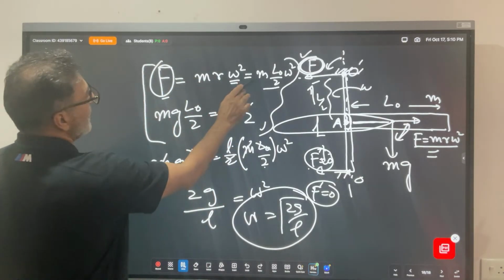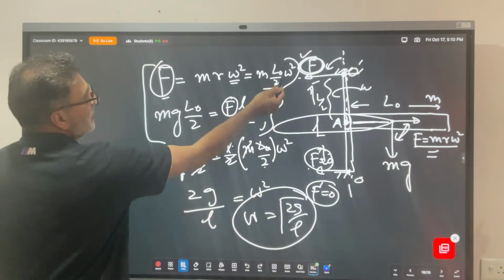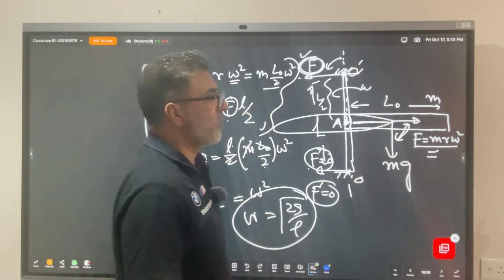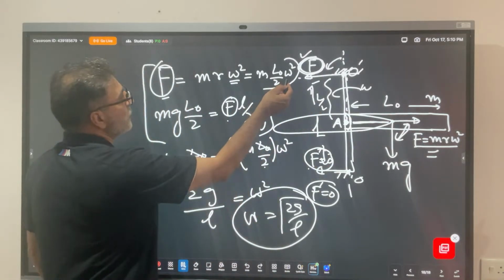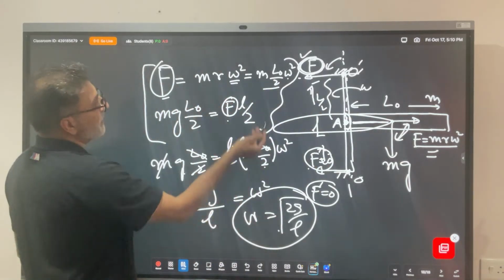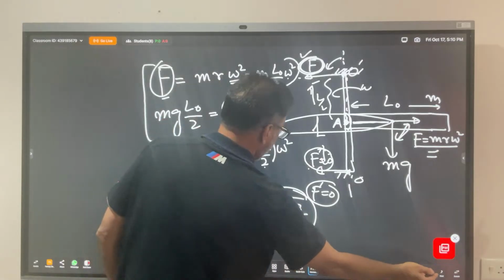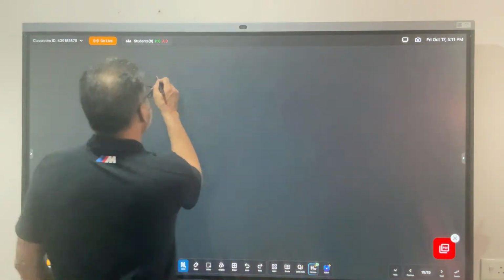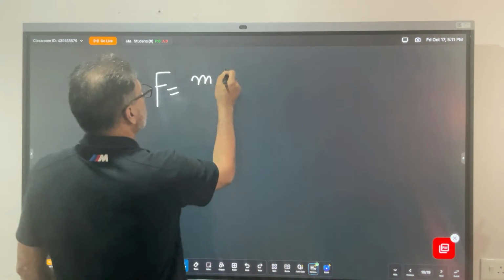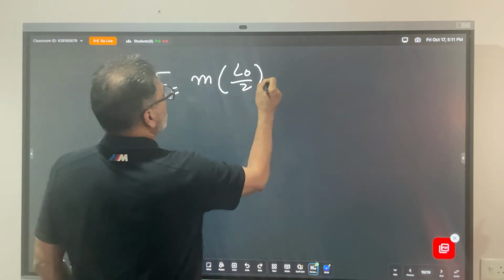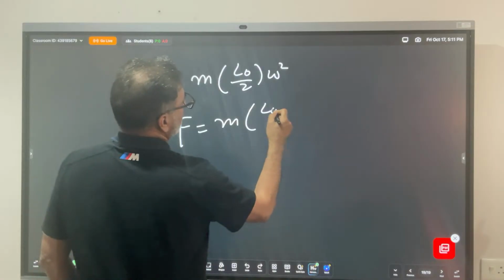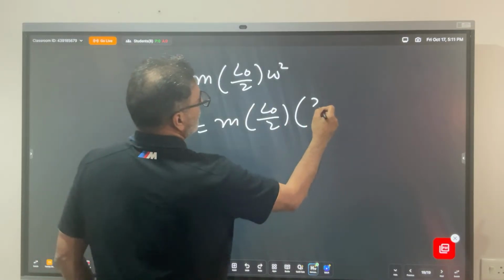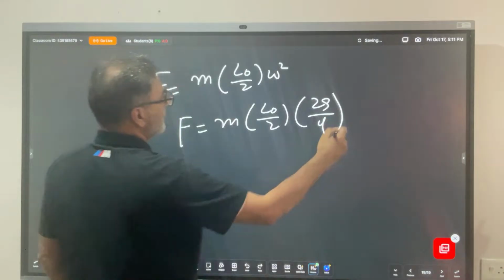So F is equal to m. Substitute the value of omega. F is equal to m L0 by 2 omega square, that is F equal to m L0 by 2 times 2g by L. Right?